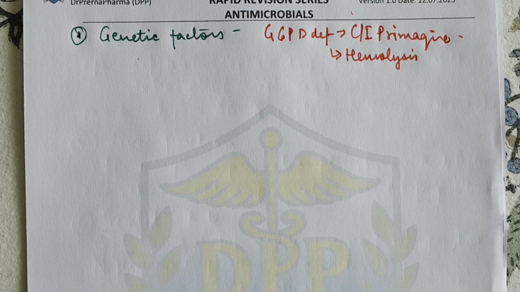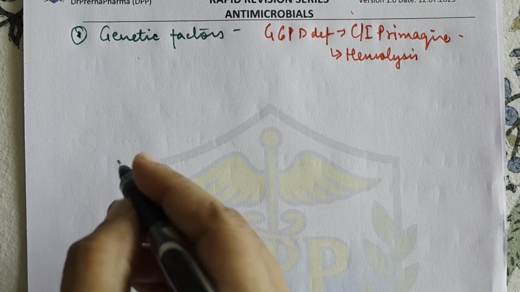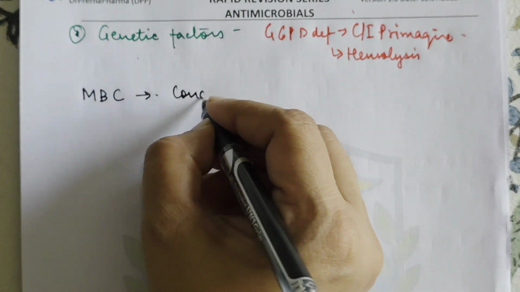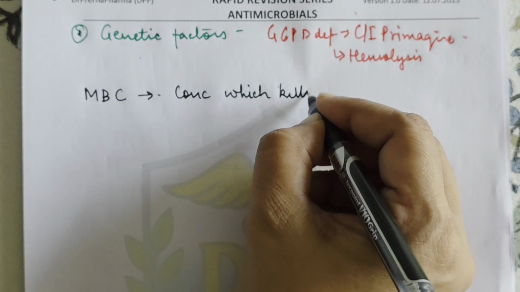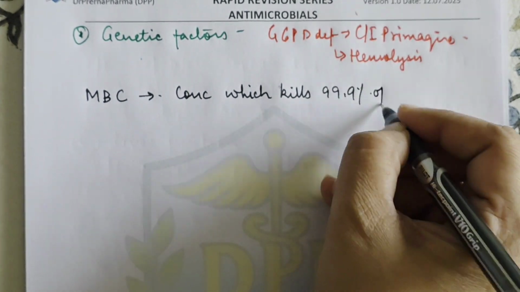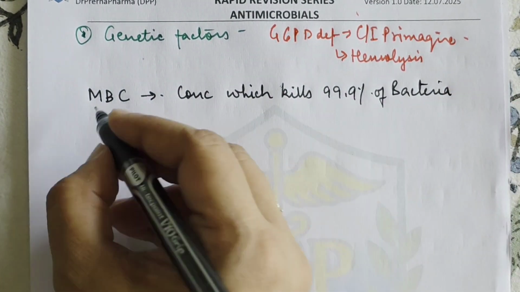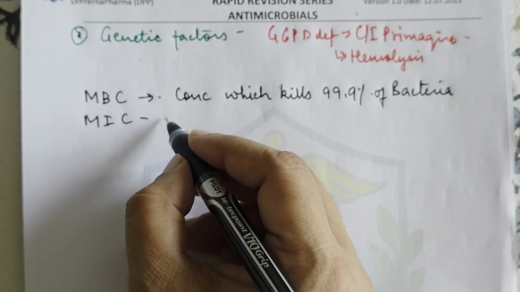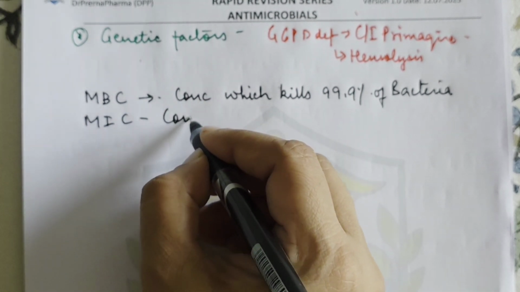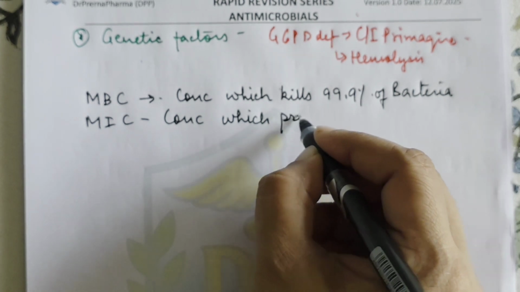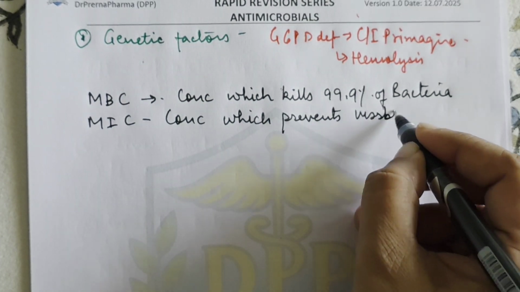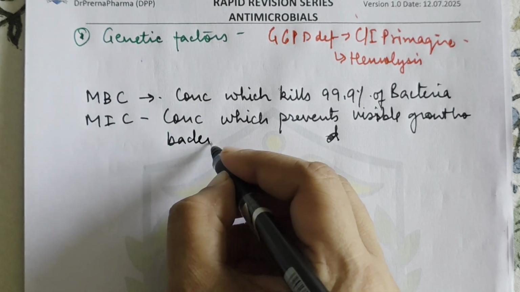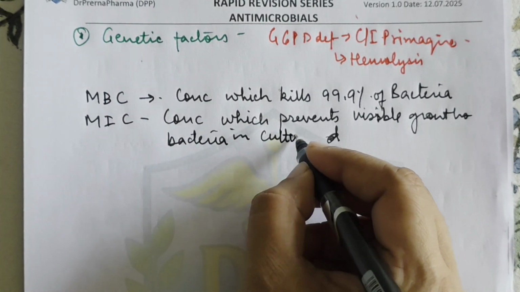Then another concept you need to understand is the MBC. What is MBC? Minimum bactericidal concentration. This is the concentration which kills 99.9% of bacteria. Okay. While MIC is the minimum inhibitory concentration. This is the concentration which prevents the visible growth of bacteria in culture plates, right?